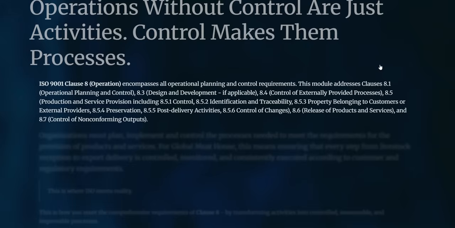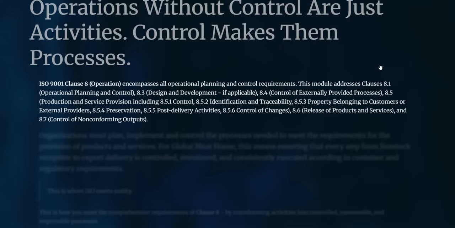And we will also cover in this module Clause 8.5, which is production and services provision, including Clause 8.5.1 control, and also Clause 8.5.2 identification and traceability, and Clause 8.5.3 property belonging to customers or external providers, and Clause 8.5.4 preservation, and then Clause 8.5.5 post-delivery activity.